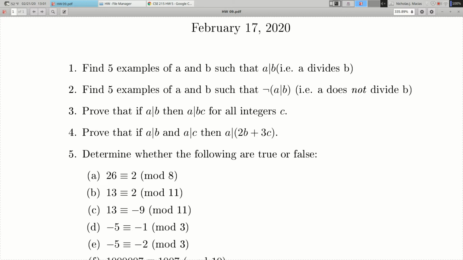I can say, by definition of divides, whatever. Yeah, I tried to use a pipe, def of divides.